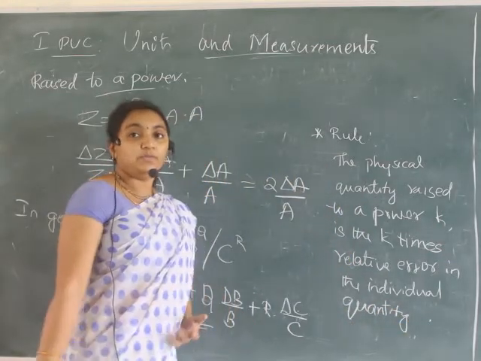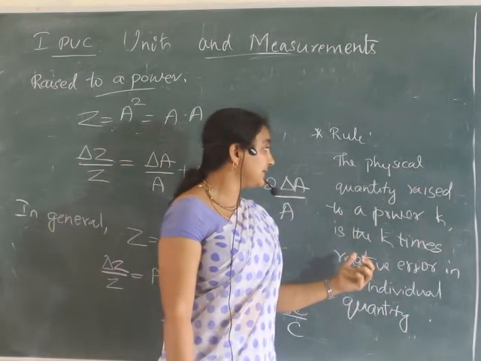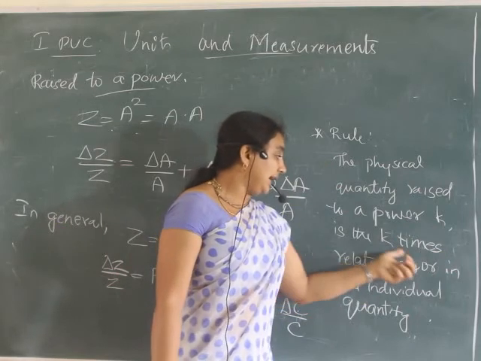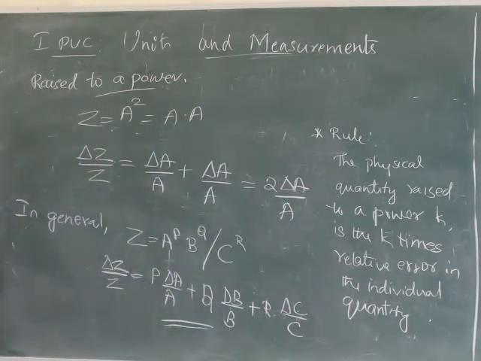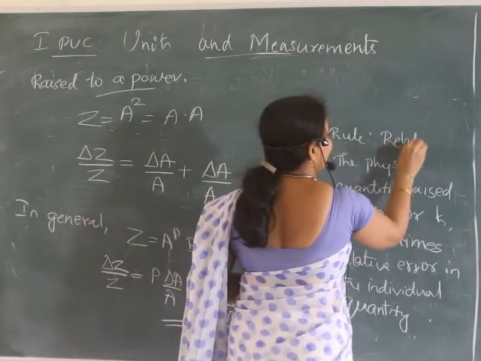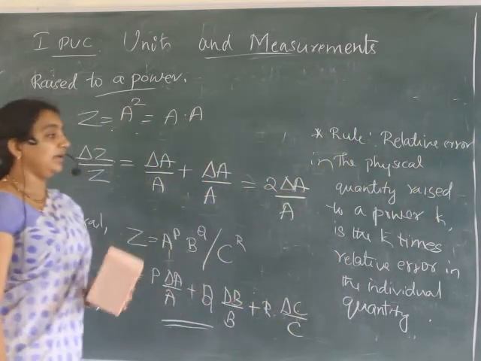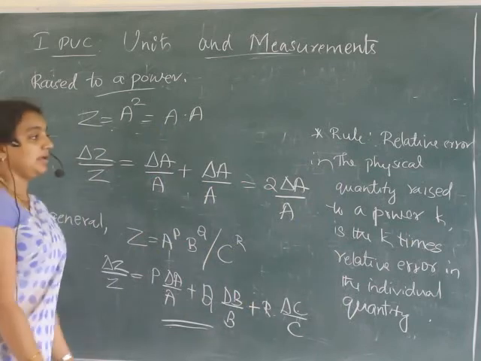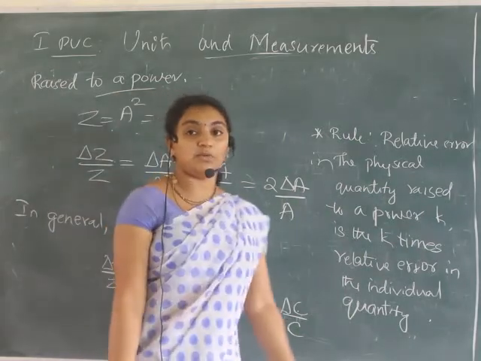Rule number 3, what does it state? The physical quantity raised to a power K has K times the relative error in the individual quantity. So I can say, better to write like this: the relative error in a physical quantity raised to a power K is K times the relative error in the individual quantity.